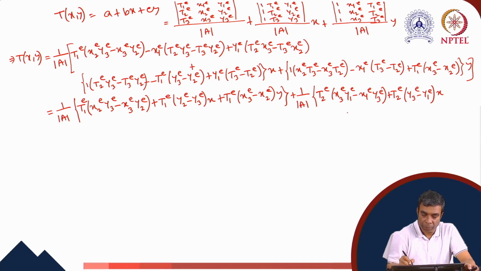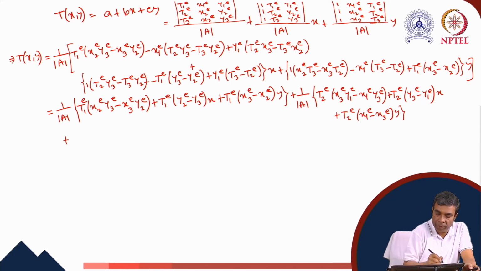Then from the C term we get T2e into (x1e minus x3e) into y, and finally we get 1 by determinant A to T3e.